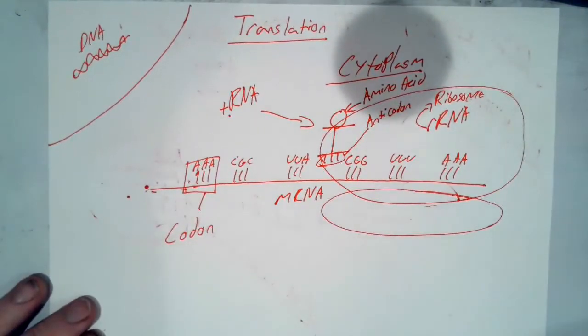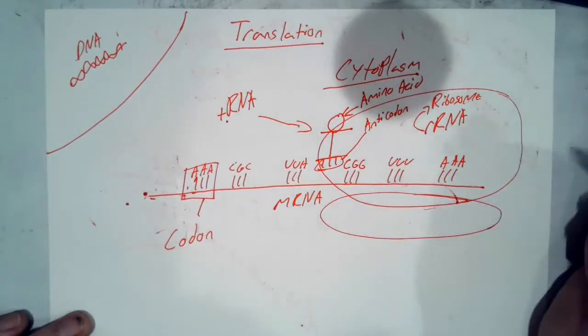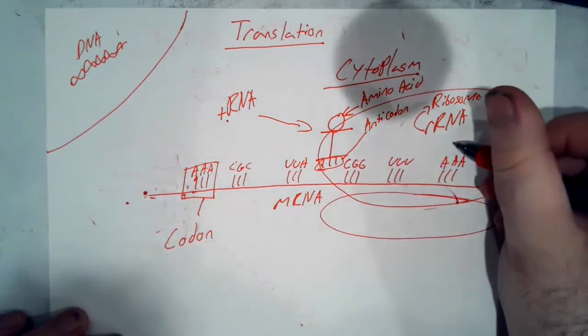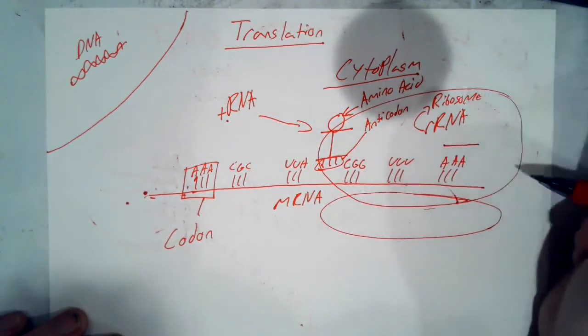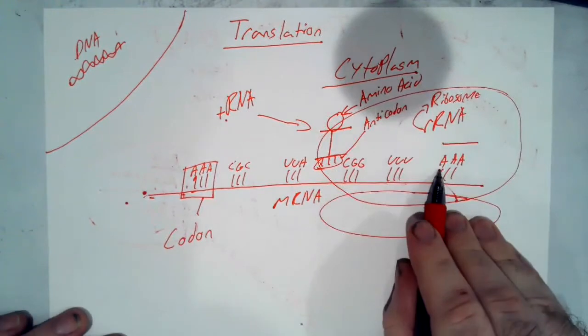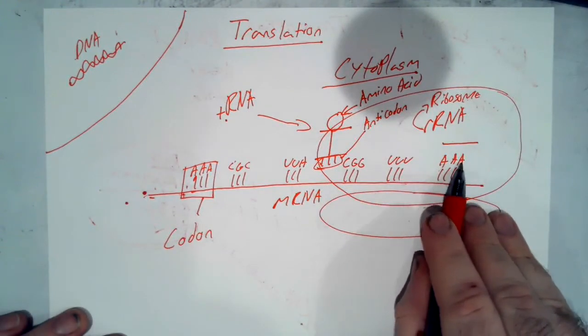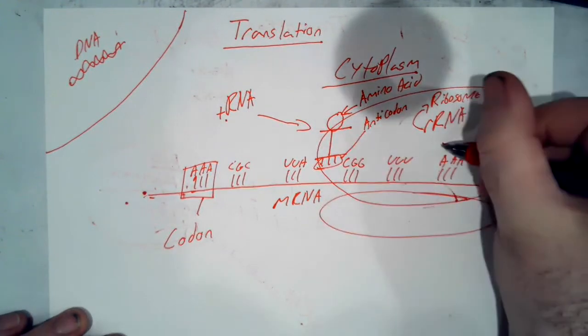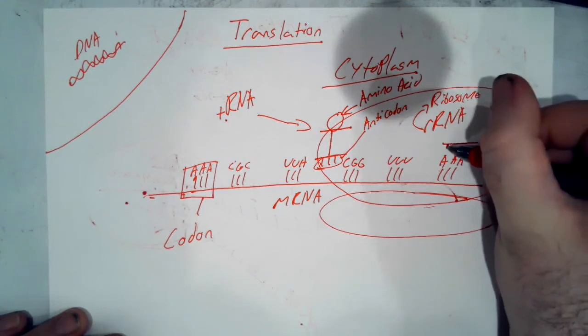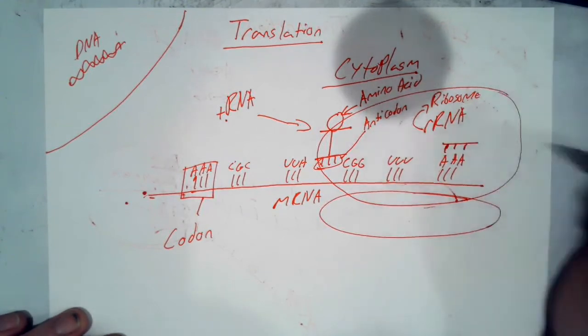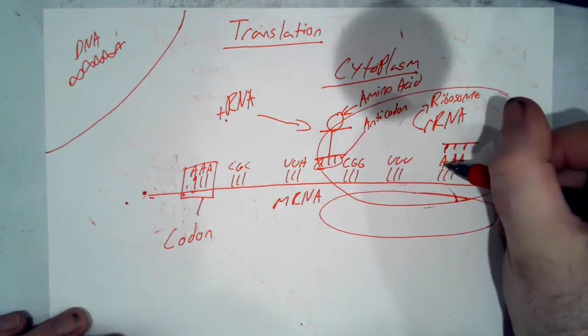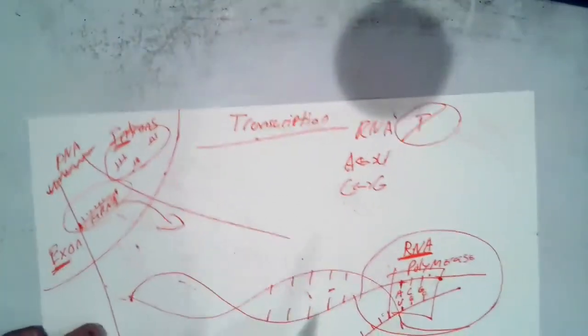Let's take a closer look at exactly what happens when they bond together. So let's draw it like this. What should be the anticodon for AAA? Well, I'm going to put the letters on top because I don't think I have room to write them. A bonds to what? Let's go back to our rules here.